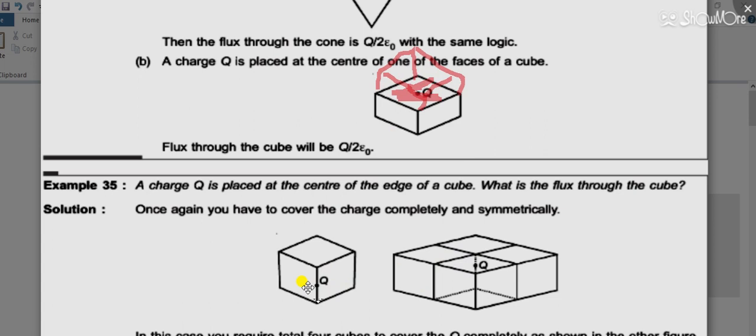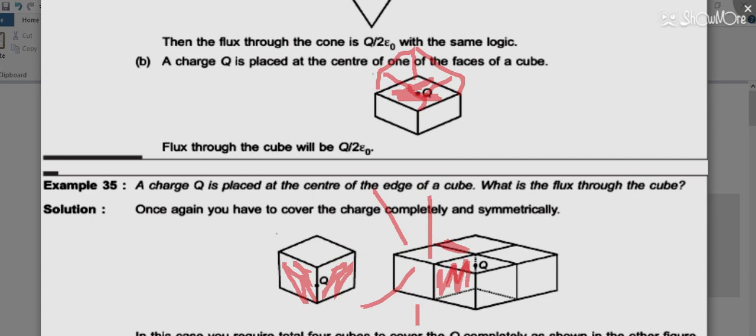In a similar way, here we have two faces, this one face and this one face, that are touching the charge. So no electric flux. Let's suppose this is one face and this is the other face of this cube. So no electric flux will come from these surfaces. Electric flux will come only from the outer surfaces, this one, this upward, this downward.